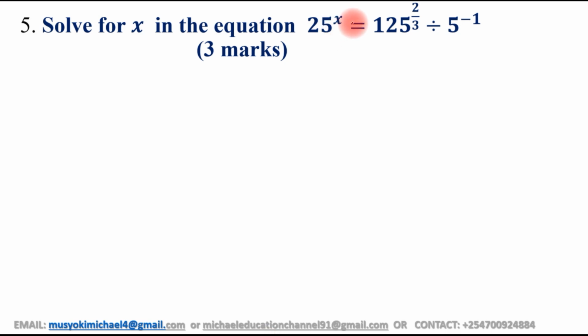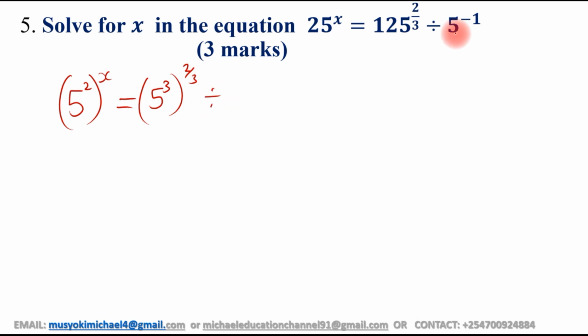So 25 raised to power x can be written as 5 squared raised to power x. This is equal to 125, which can also be written in base 5 as 5 cubed, then bracket raised to 2 thirds, divided by 5 raised to minus 1.